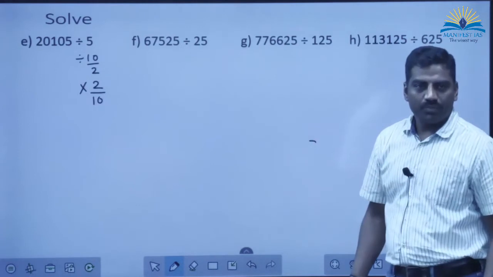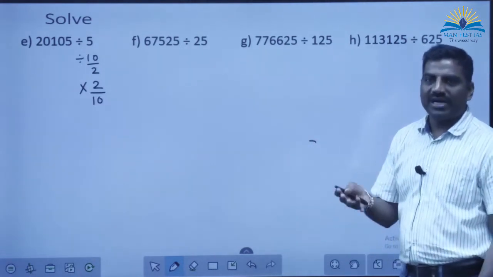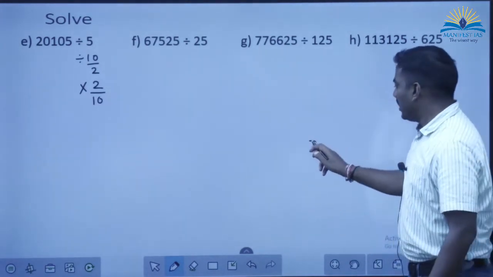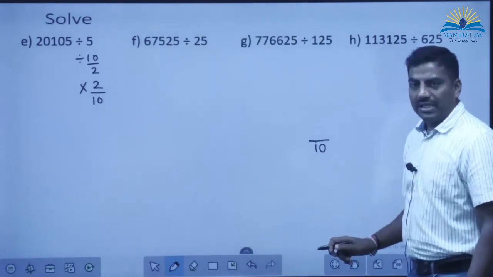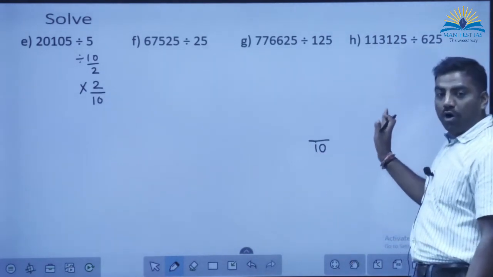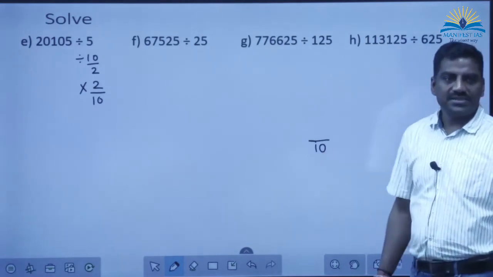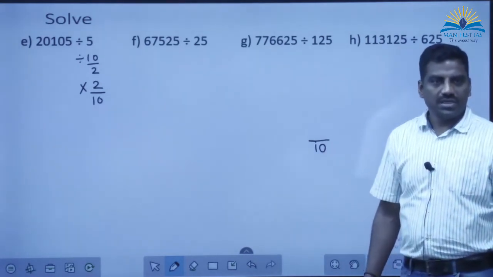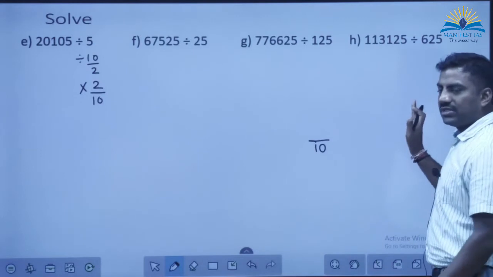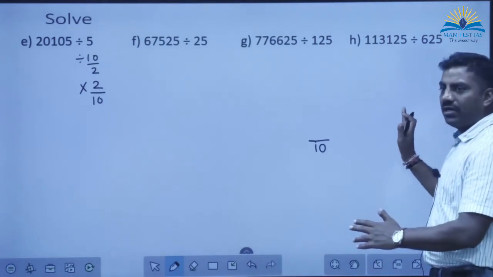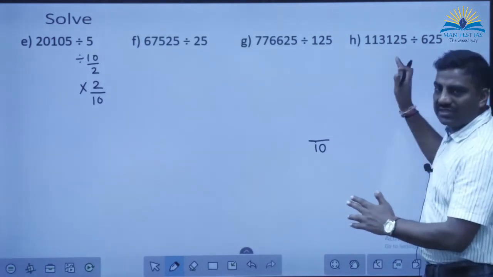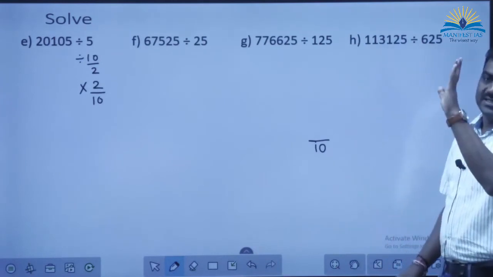Double the number, divide by 10. Whenever you divide by 10, what does that mean? You are shifting a point from the right towards left by 1 place. Divide by 10 means what? You are shifting the decimal point from right side towards left for 1 place.